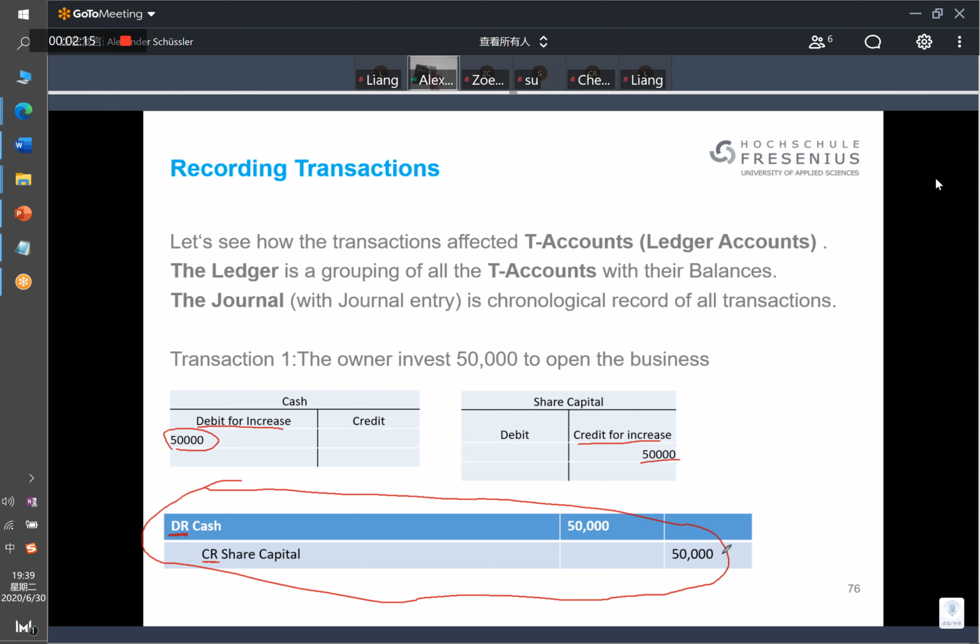One thing you might ask: why do I debit cash and it increases, and why do I credit share capital and it also increases? The reason is that cash is an asset account and share capital is a normal equity account.